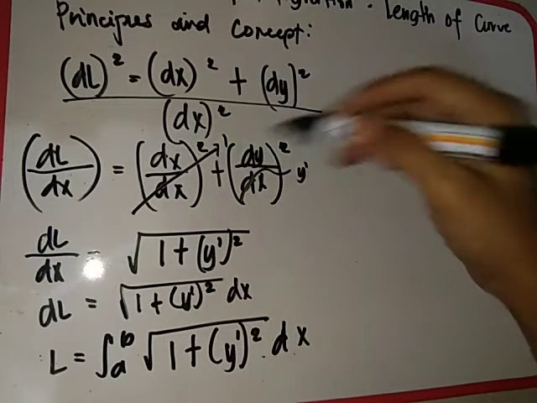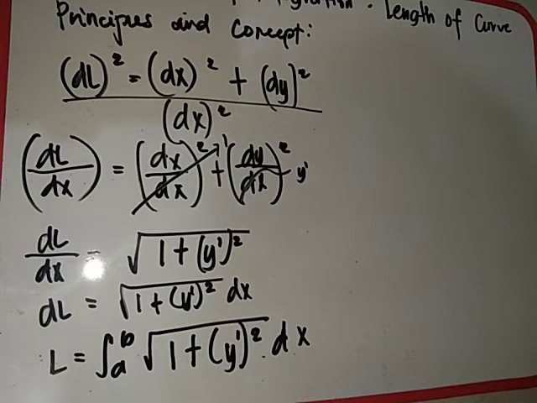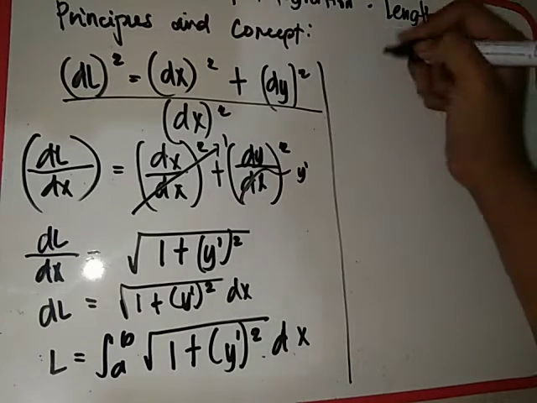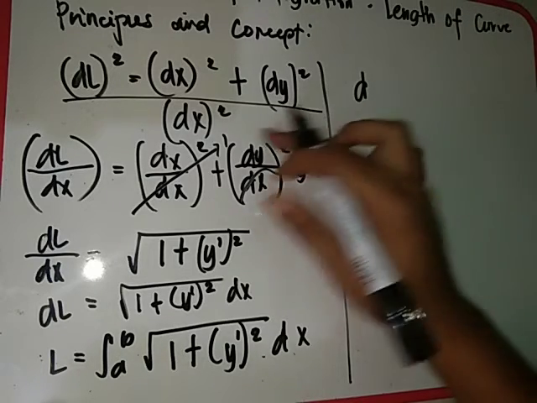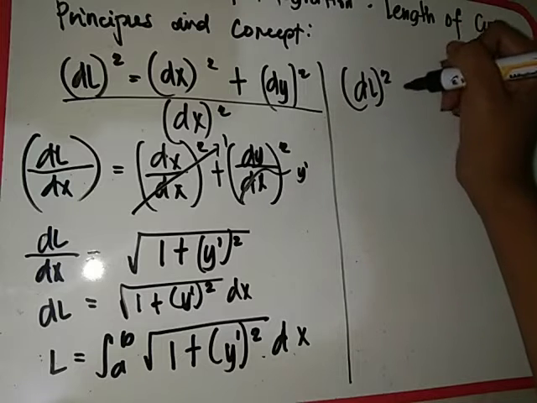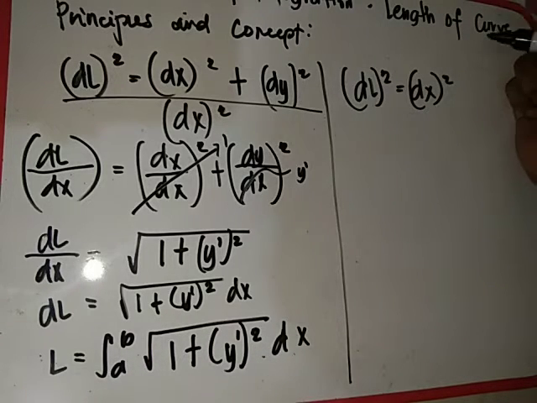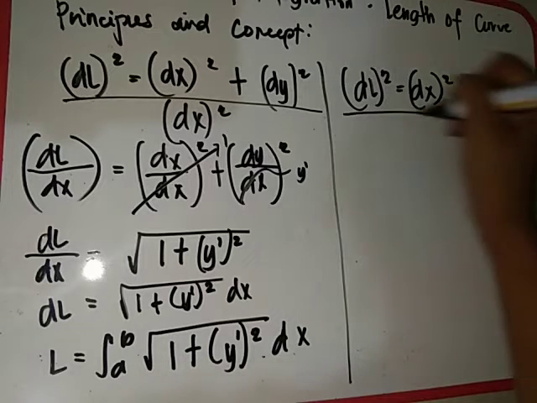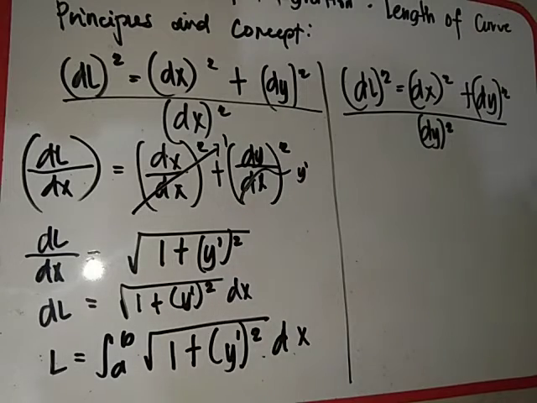So this is for the x values. So let's have the y values. Let's divide it by dy squared. dl squared over dy squared is equal to dx squared plus dy squared over dy squared.